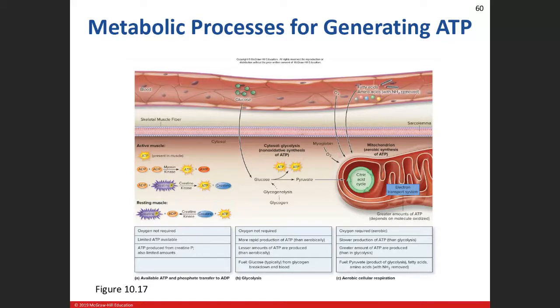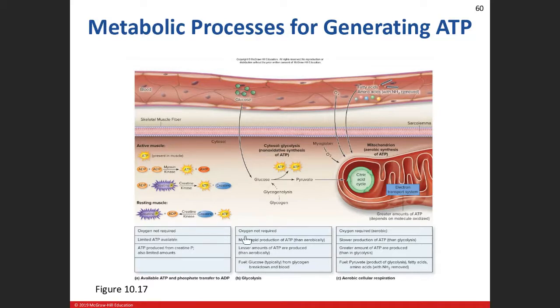So this slide is just showing you all of these awesome processes at work. You can see the first two processes, Myokinase and Creatine Kinase, do not require oxygen.